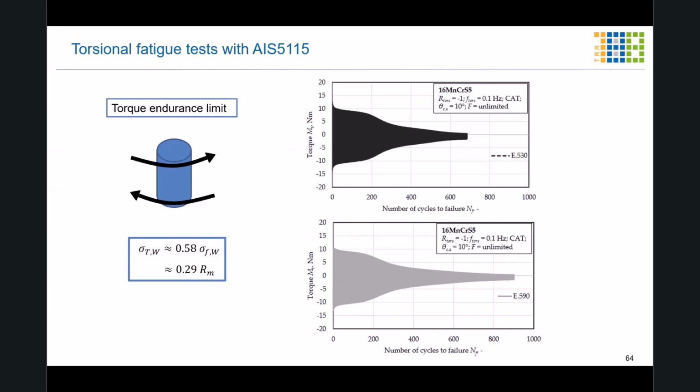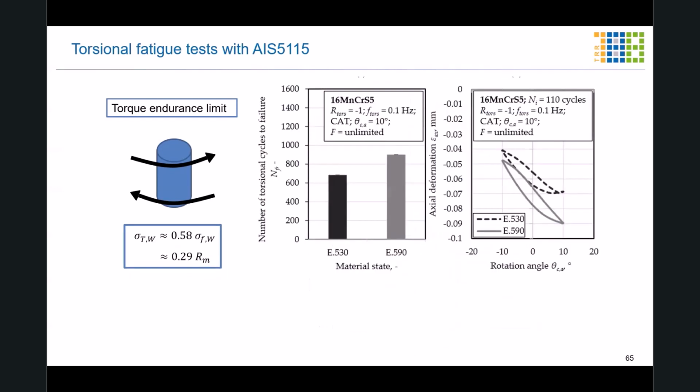There we can see that the different damage states lead to a different damage propagation within the fatigue test. We can see the number of torsional cycles to failure in this case is higher for shoulder opening of 90 degrees. This can also be seen within the axial deformation, rotation angle hysteresis that are shown on the right.